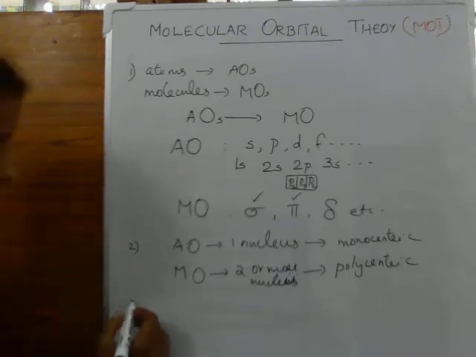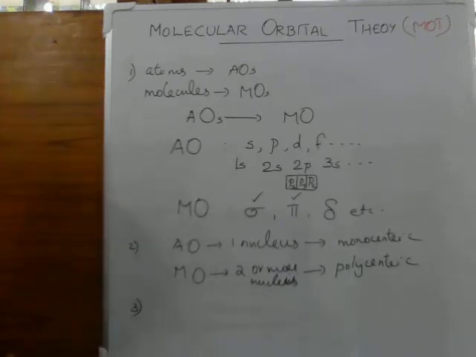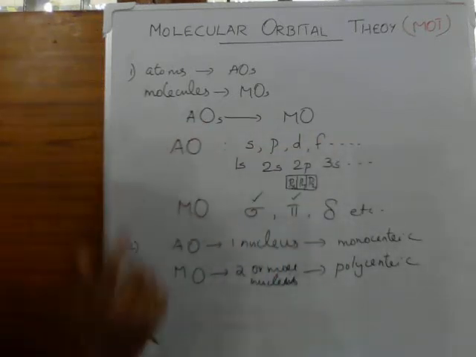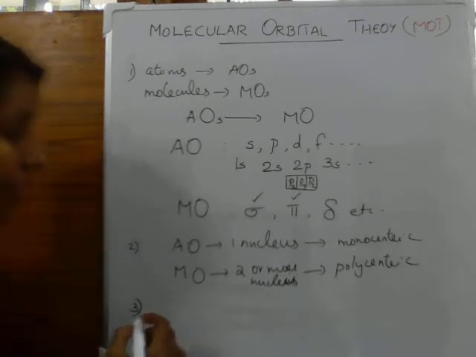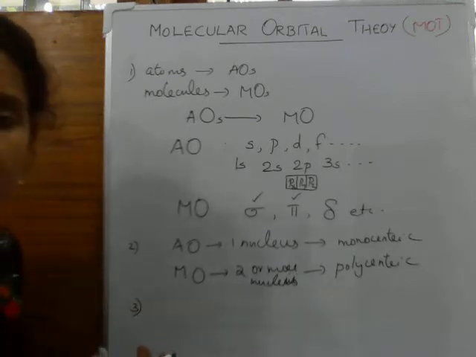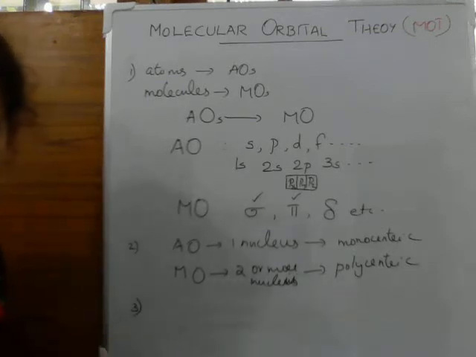And these atomic orbitals, when combined to form molecular orbitals, should have the same or nearly the same energy. Any two atomic orbitals when combined won't give a molecular orbital.